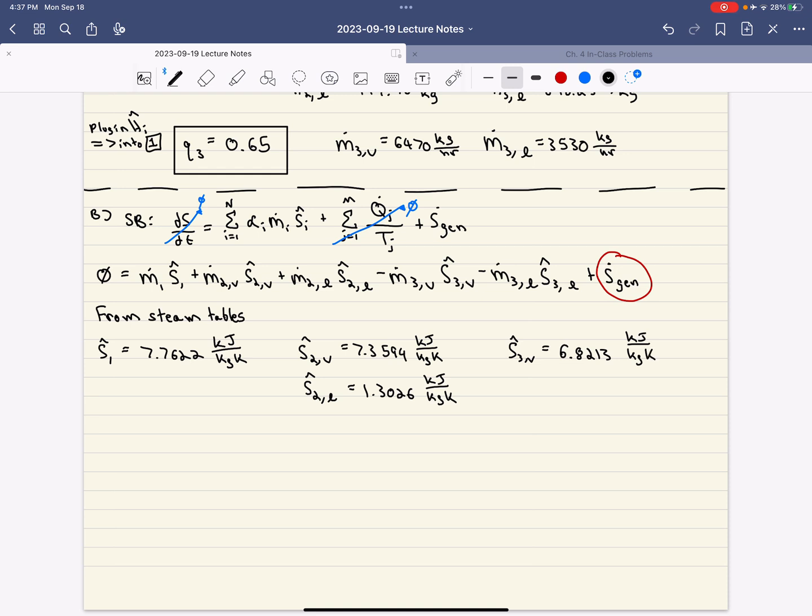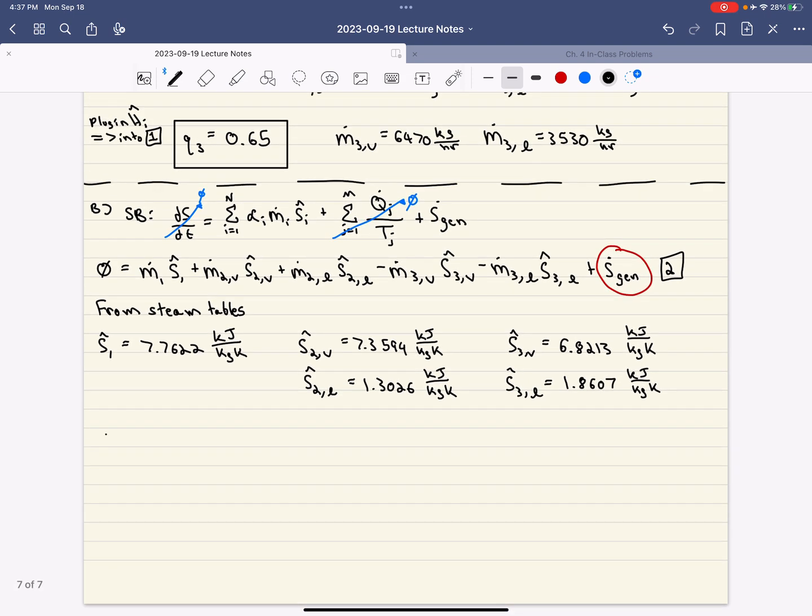We also have it for the outlet stream as well. Okay. All right, now that we have all of these entropy values, we'll just plug it into equation 2, which was our entropy balance.